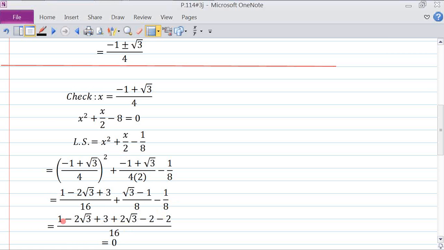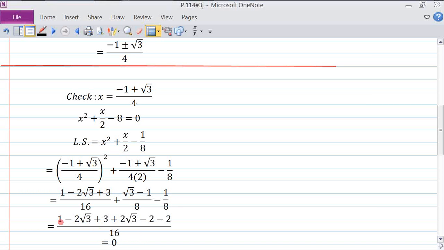So this term is this, plus 3 is this. Now this is going to be 2 root 3 minus 2, 2 root 3 minus 2, and this, I'm going to multiply by 2, top and bottom, in order to get a common denominator of 16. Now notice what happens here.